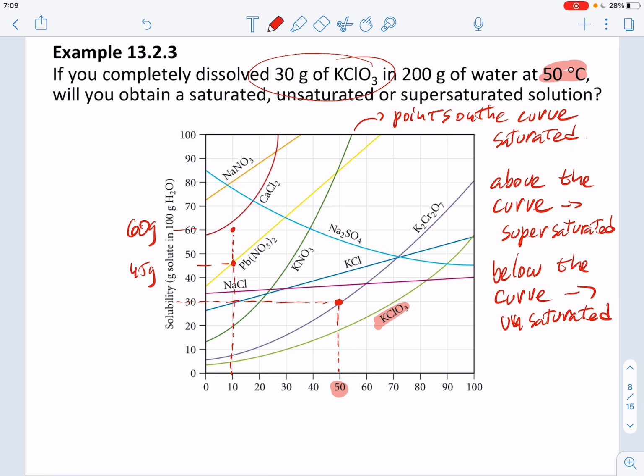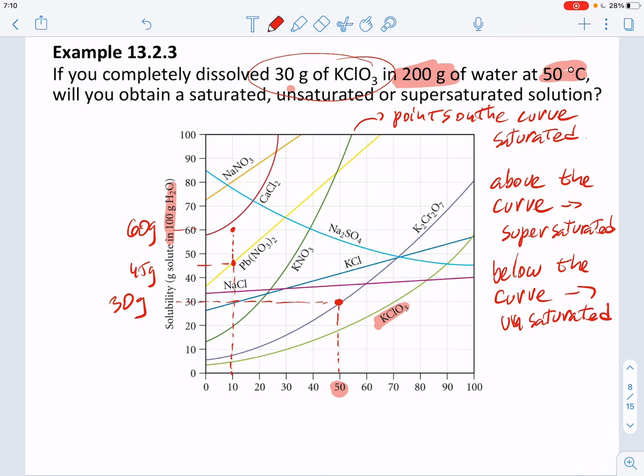So you're going to tell me, well, that looks like it's a supersaturated solution because you are above the curve. However, remember that these are grams per 100 grams of water, and you are dissolving 30 grams in 200 grams of water.